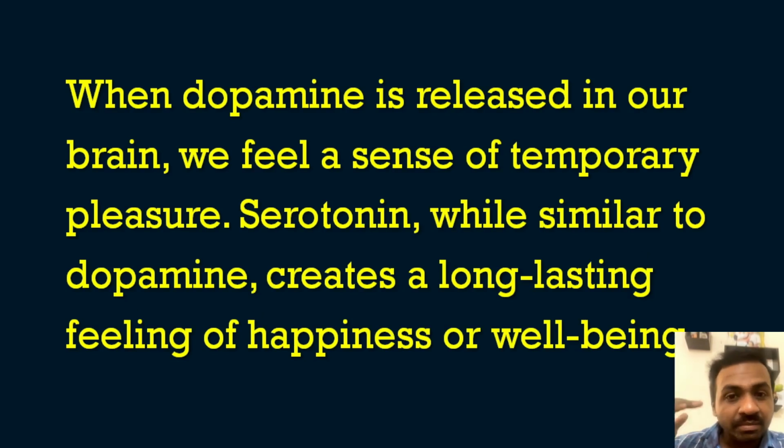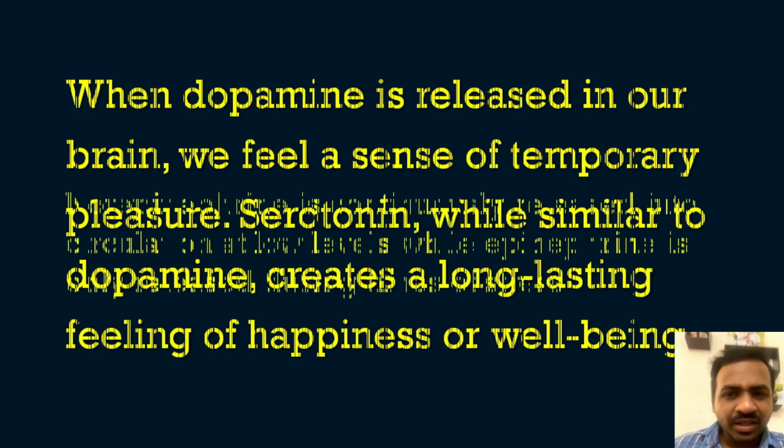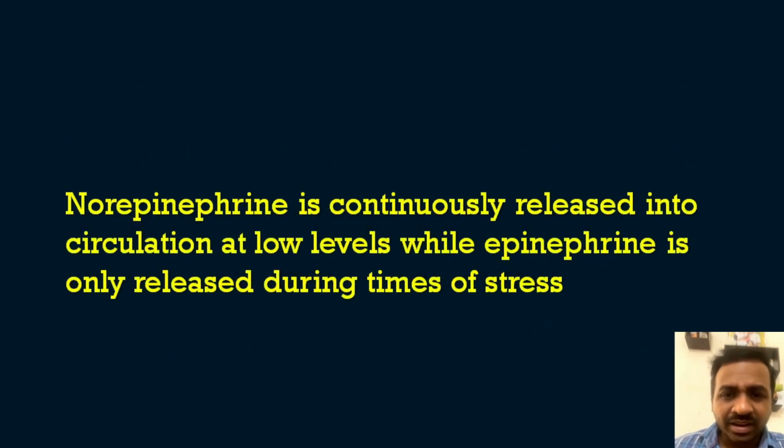Dopamine is for temporary pleasure, and serotonin is for long-lasting feeling, long-term pleasure. The other 2 options, adrenaline and noradrenaline, are related to stress, the fight or flight response, which you know. Norepinephrine is continuously released into the circulation at low levels, while epinephrine is only released during times of stress. I think that also was a very good question for you.